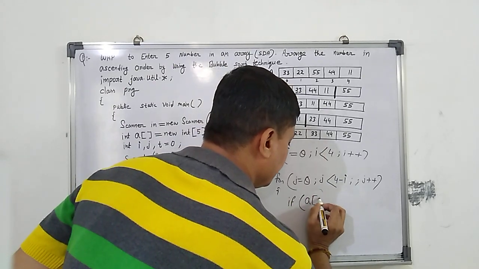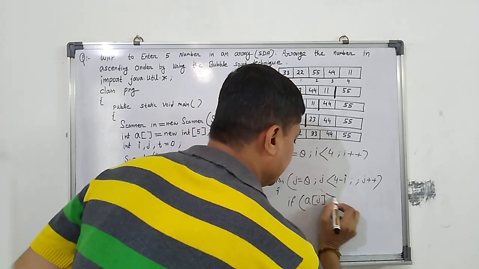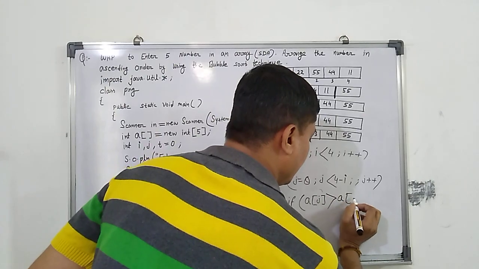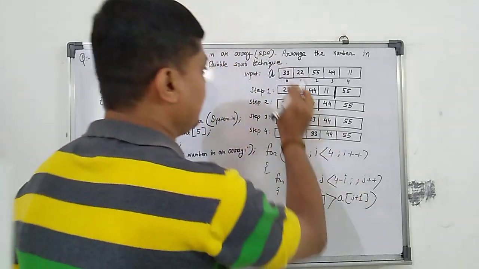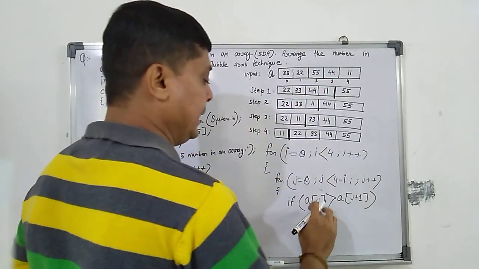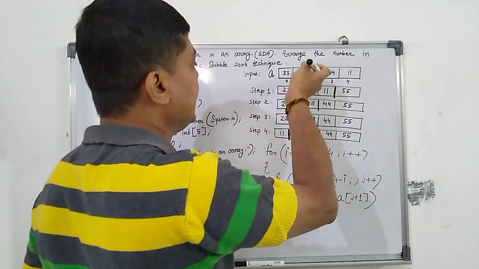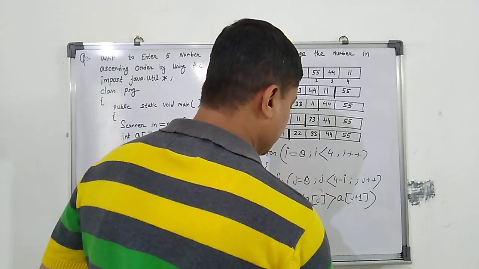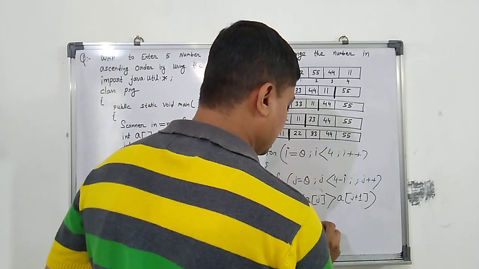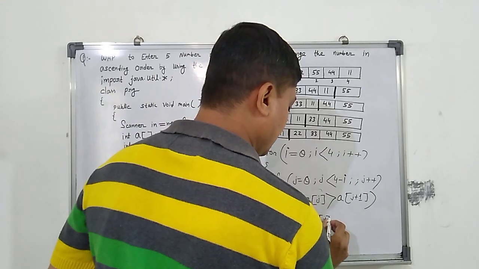If array of j greater than array of j plus 1, that is, the first number is greater than the second, for example 33 greater than 22, then it will change their place. So how to replace? With a temporary variable: store the first position value, t is equal to array of j.